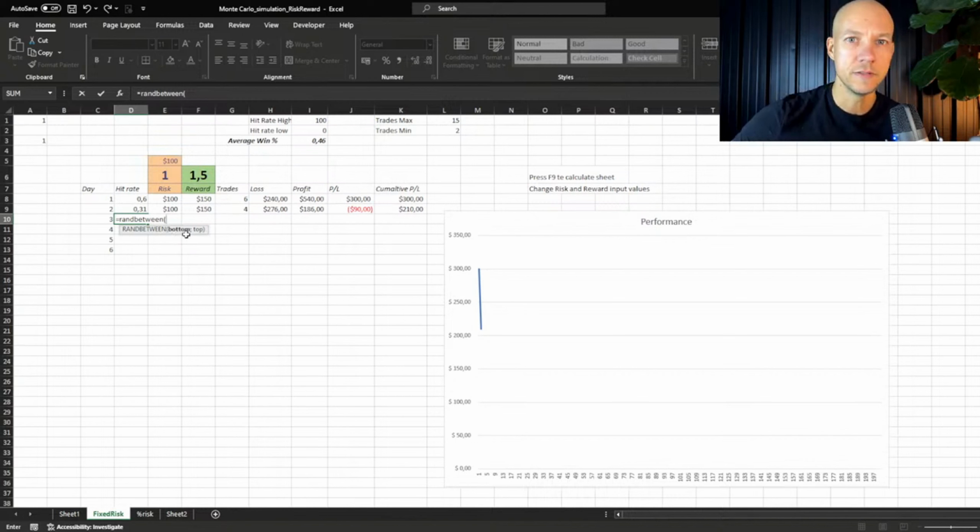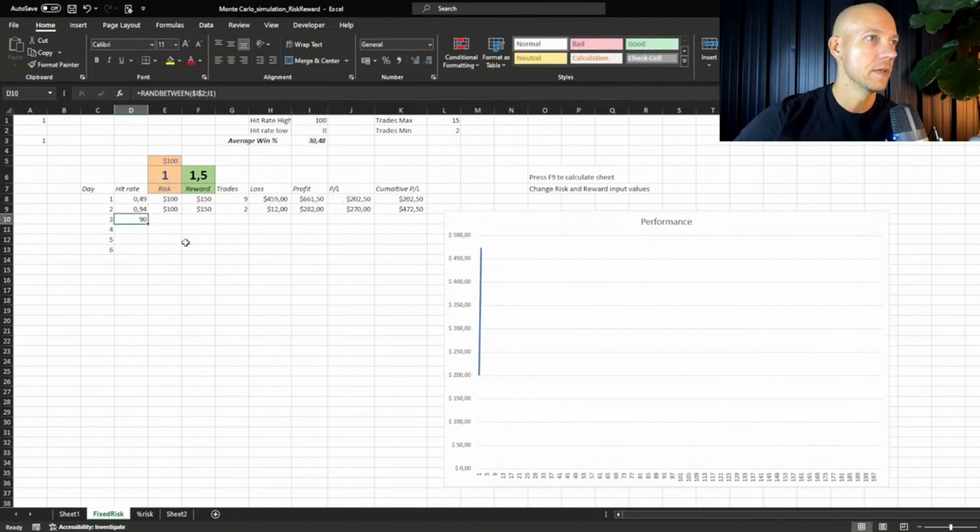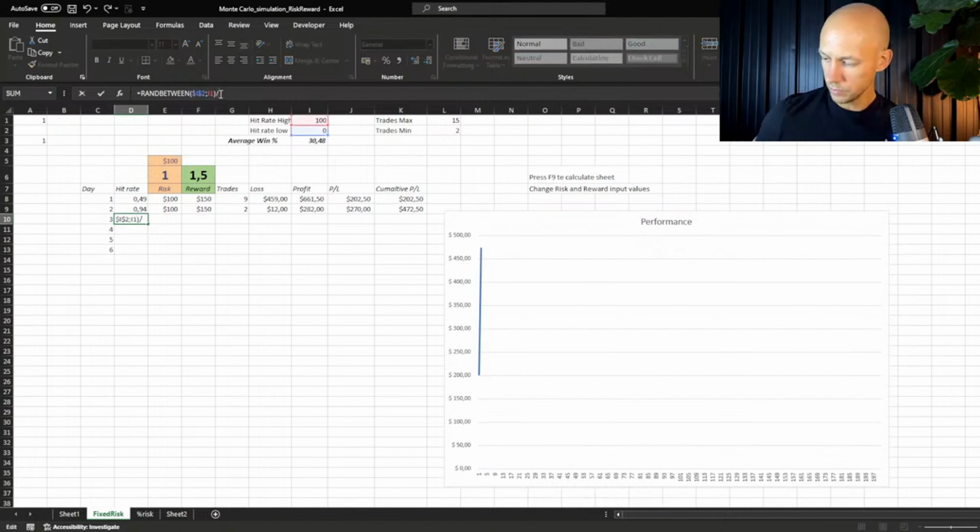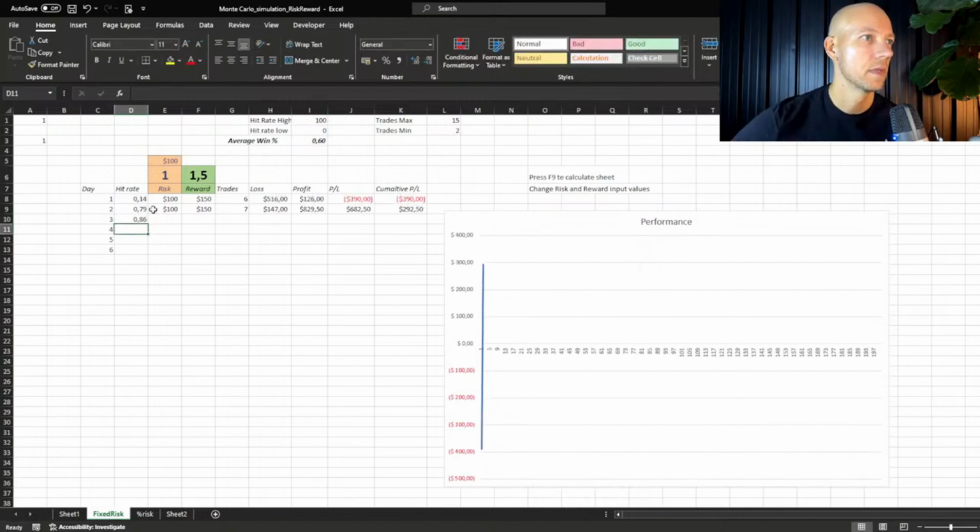Okay, so this is the RANDBETWEEN formula, bottom. The bottom is this one here. I'll just press F4 to lock in that cell, and then that's the top. Sorry, apologies for that. And that's the top, and then I've divided by 100 to give me that ratio or hit rate, that win percentage decimal.